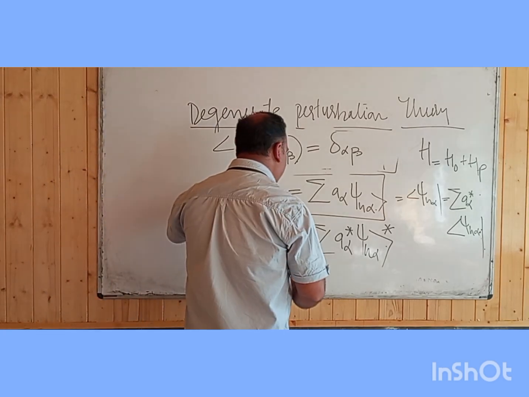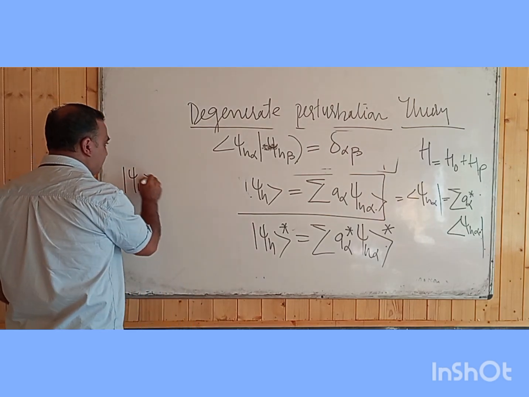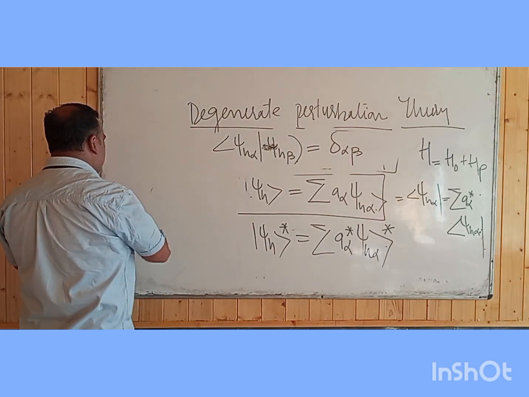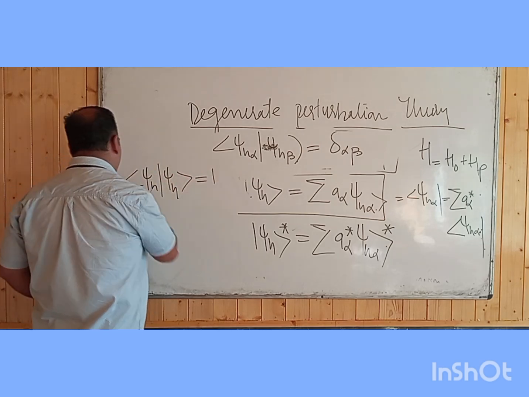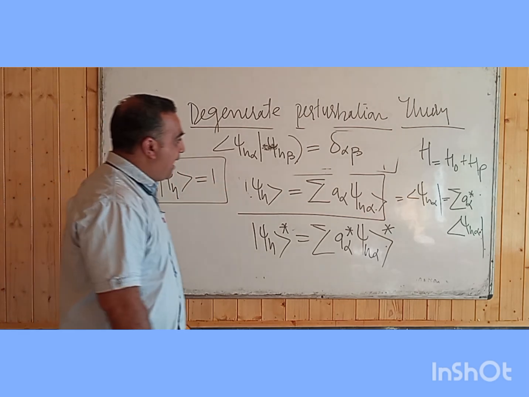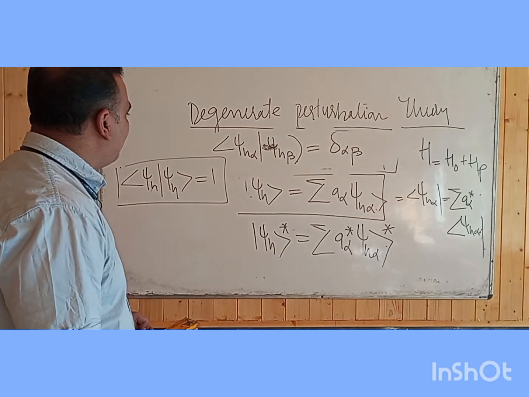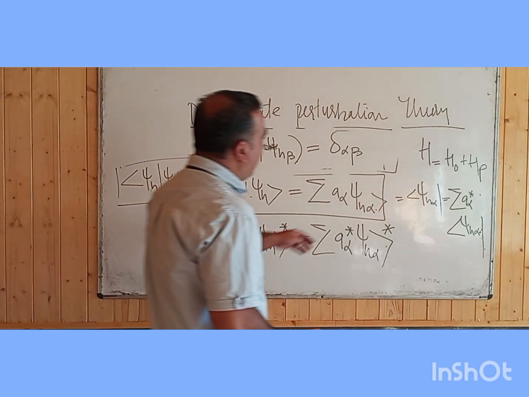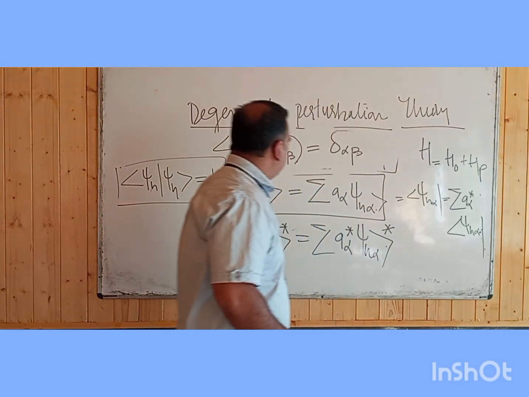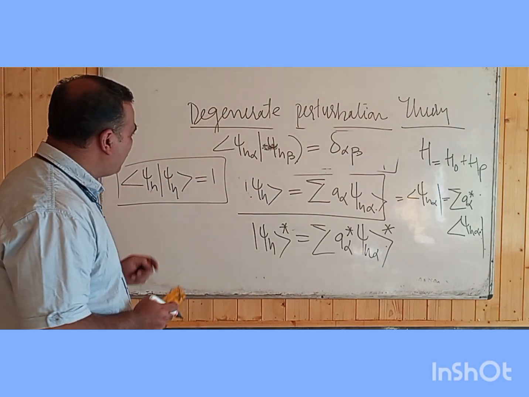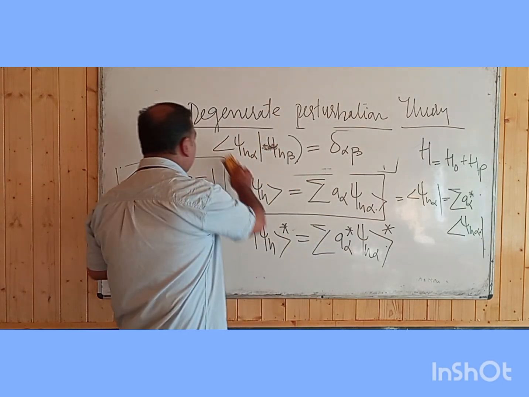And if I take the inner product of psi n and psi n, this is going to give me 1. This is our mathematical structure, and we would like to use it in our Hamiltonian, which is composed of the unperturbed Hamiltonian and the perturbation term. One more thing we would like to see here is the measure of this alpha.